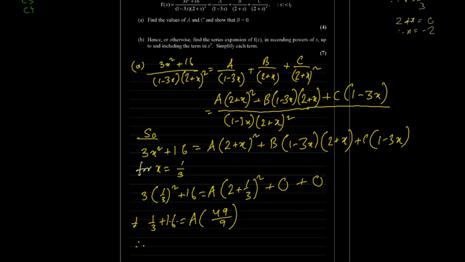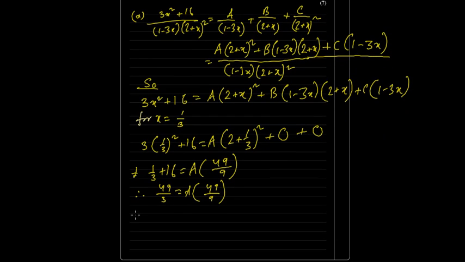Therefore 1 by 3 plus 16, 16 3s are 48 plus 1, 49, so 49 by 3 equals A times 49 by 9. Therefore if I cross multiply, it would be 49 into 9 divided by 3 into 49 equals A. 49 and 49 cancel, 3 3s are 9, therefore A equals 3.